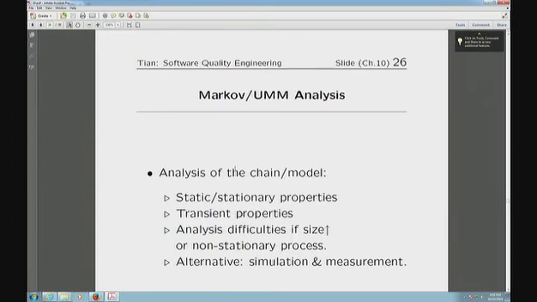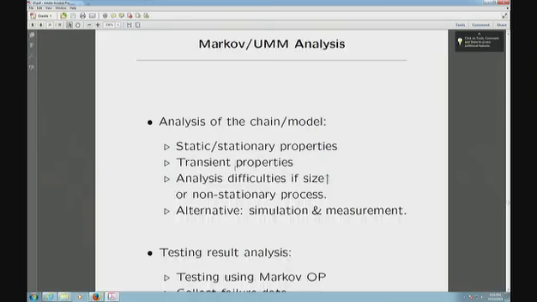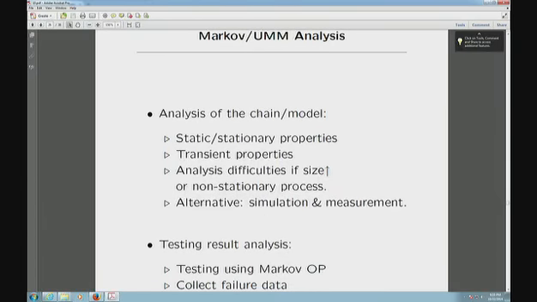Okay, and once you have the model, you can do a number of things. You can do the analysis, you can generate test cases, and then when you have the result, you can do some further analysis and use some of the theoretical foundations.